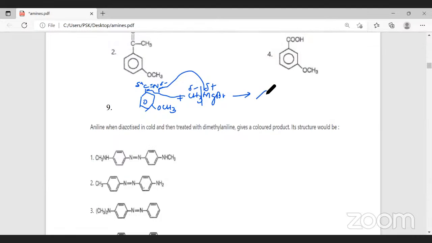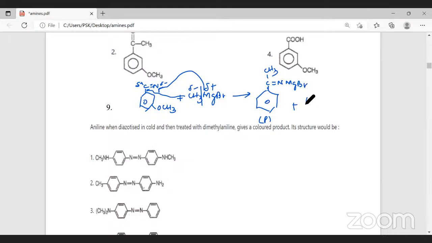So the intermediate product we get is a benzene ring with C, this CH3 attacks carbon, and a double bond to nitrogen with MgBr. This is an intermediate compound, this is P.